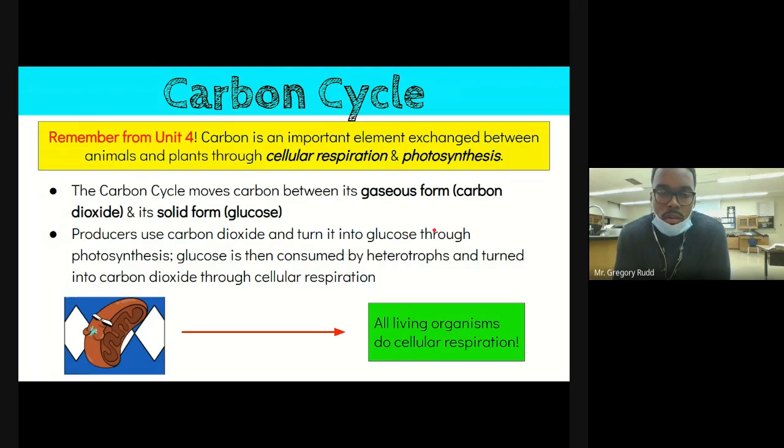So I've already touched on it a little bit, and perhaps you remember this from Unit 4, but carbon is a very important element exchanged between animals and plants through the processes of cellular respiration and photosynthesis.